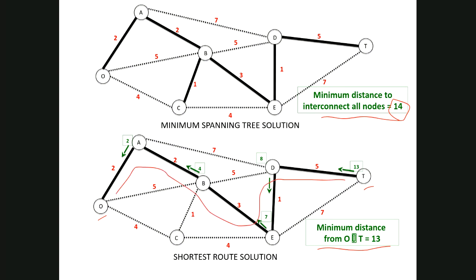And you'll notice, as said before, we do not have to go through this location. For the minimum spanning tree, we do have to connect every location, but for the shortest path we don't have to go through every one. We just need to take the shortest path. It might have been that the shortest path went from B to D, and so we might not need to go to E either.